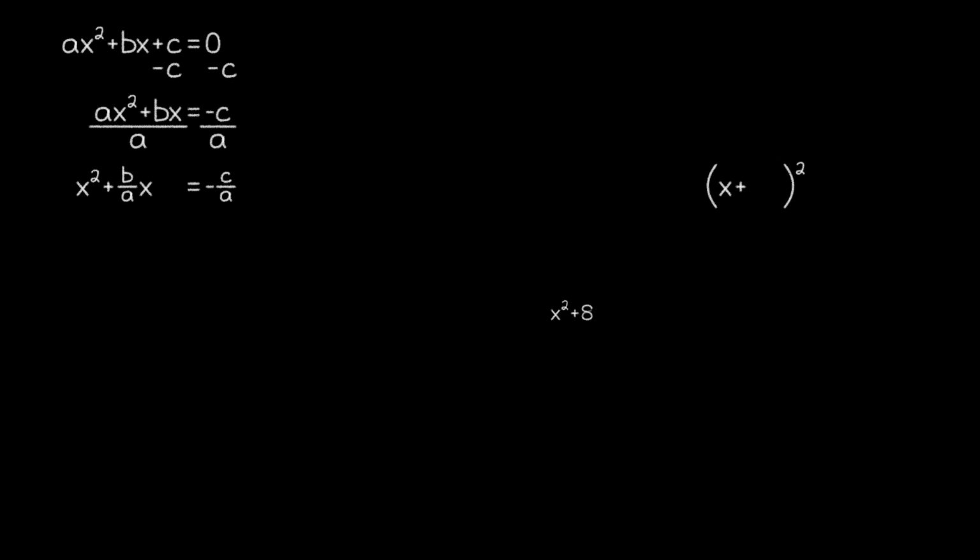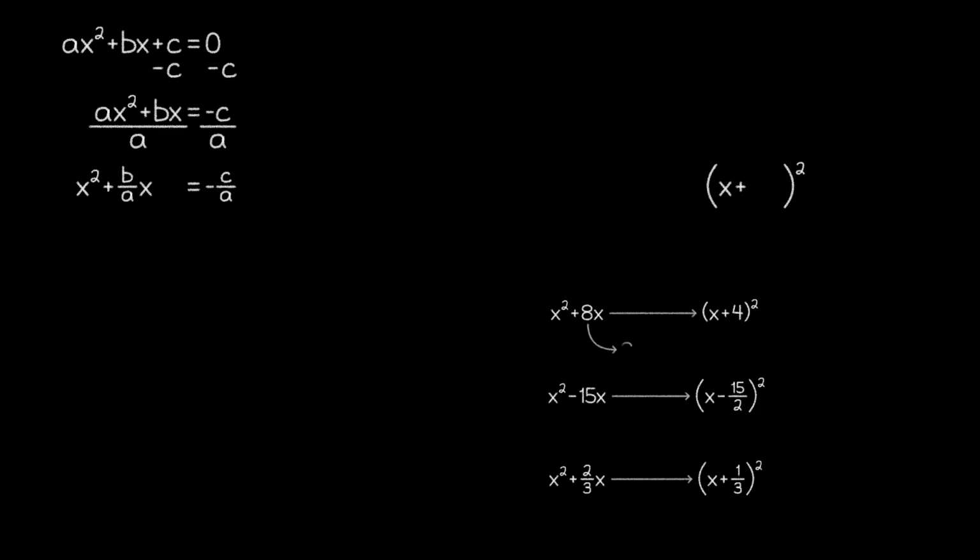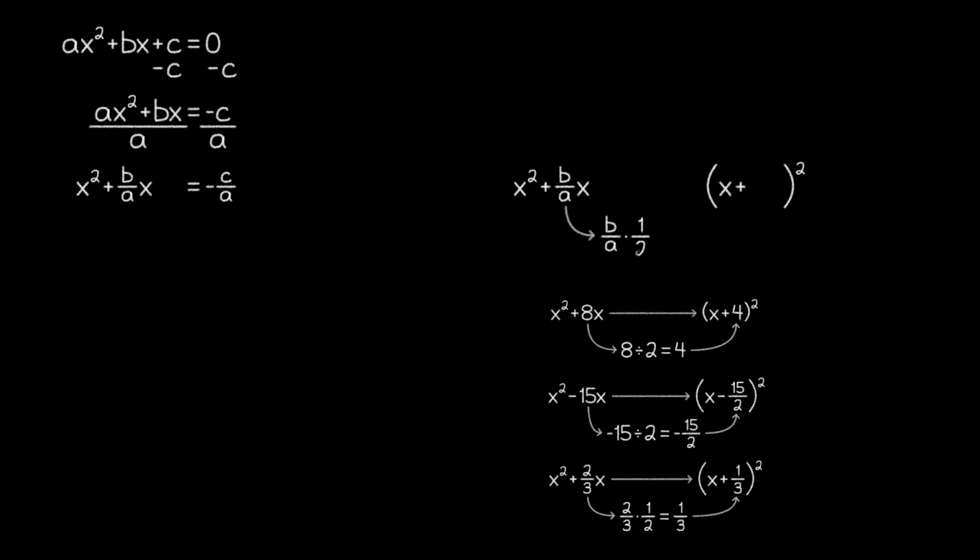Well, while we might not have done this process with variables before, we have done it several times with numbers. And in those cases, we just divided the linear coefficient by 2, or multiplied it by 1/2 if that was more convenient. In this case, since b over a is already a fraction, it'll be easier to multiply it by 1/2, and that process gives us this constant.